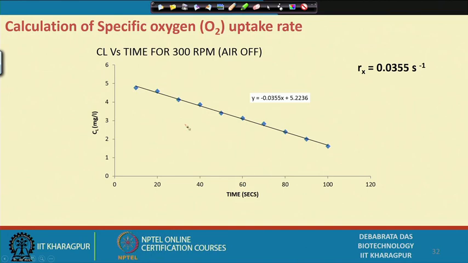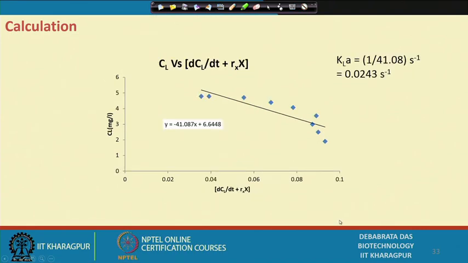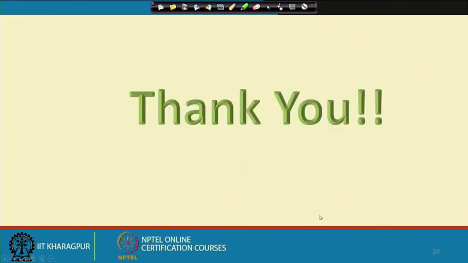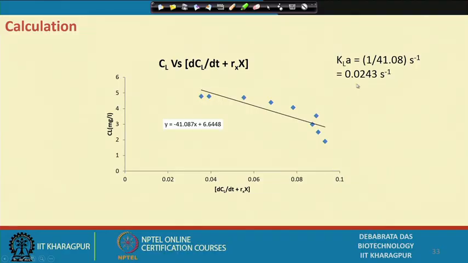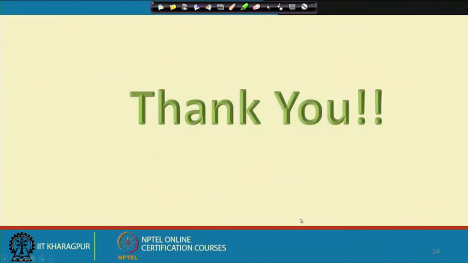This is just to find out the Rx value, the specific oxygen uptake by the cells, which we can easily find out from this. Then we plot this and we can find out the KLa value. You can see the value is coming about 0.0243 second inverse.